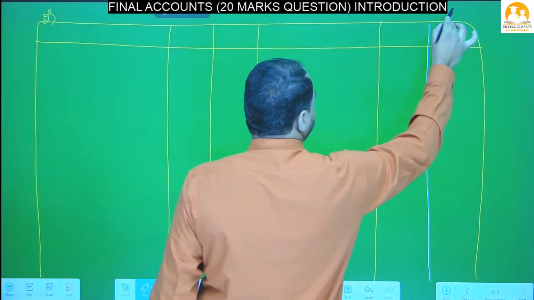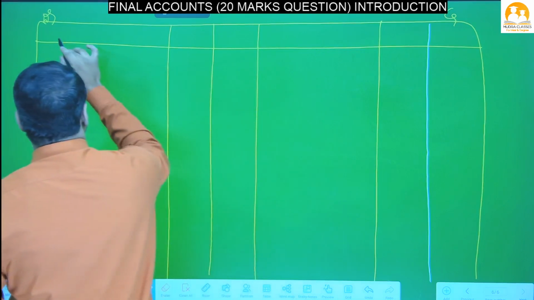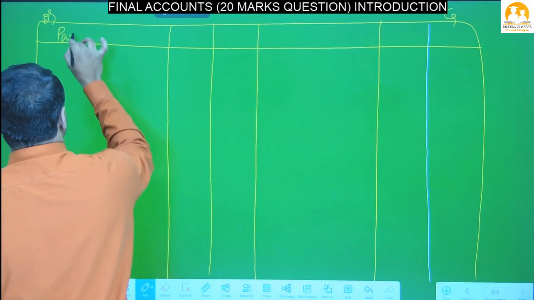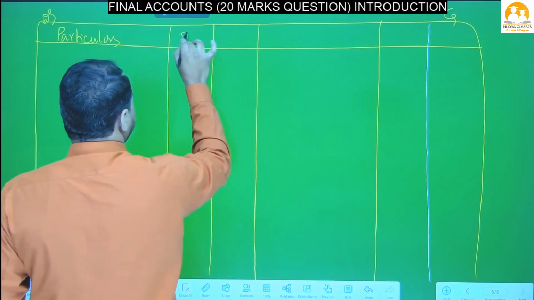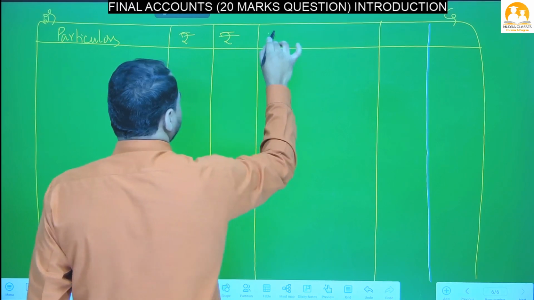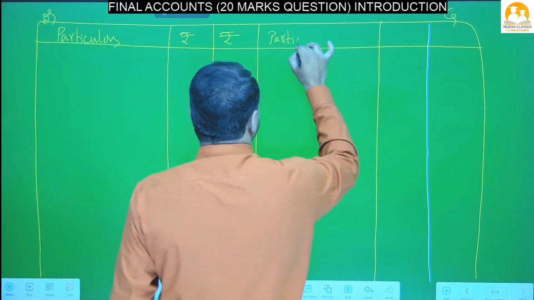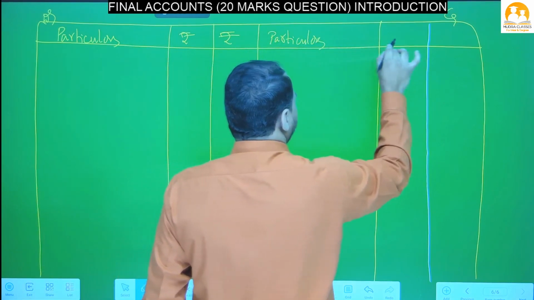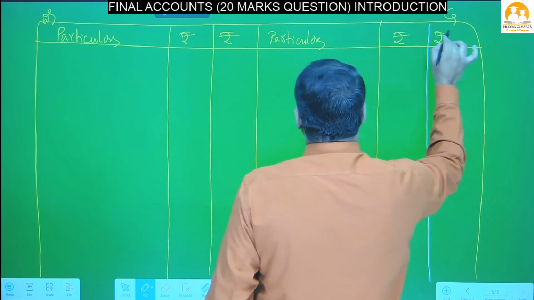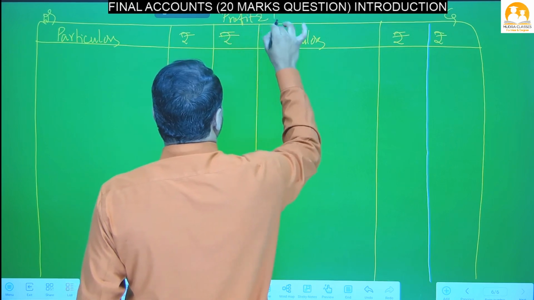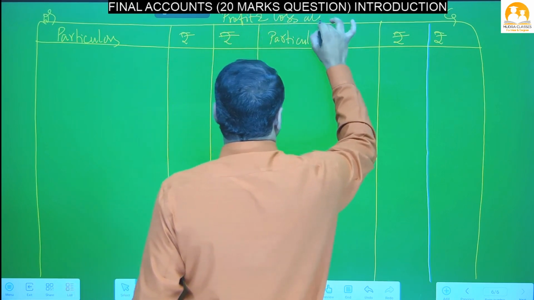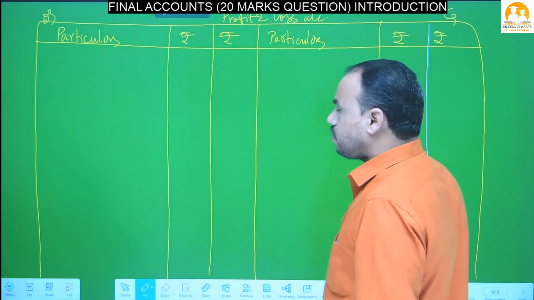On the left side we write debit, on the right side we write credit, and the heading. Particulars and rupees columns, you have to draw two of each. Okay, this is the profit and loss account. Which account am I drawing now? Profit and loss account.